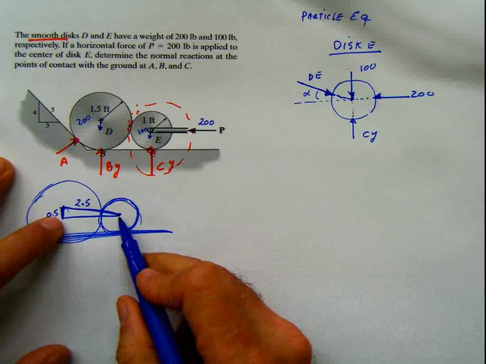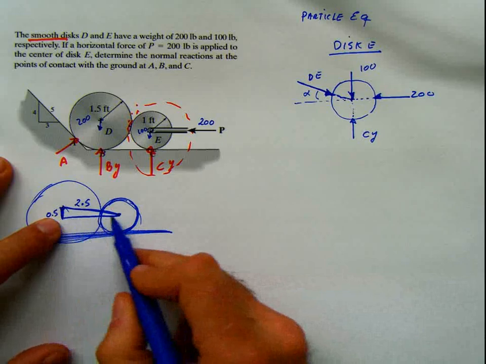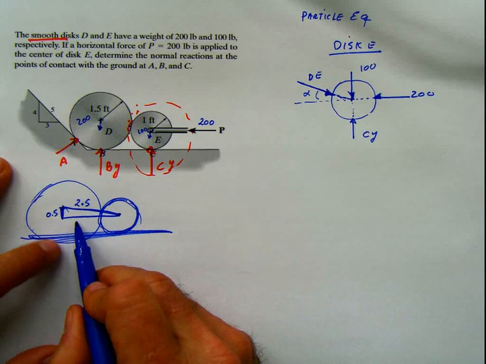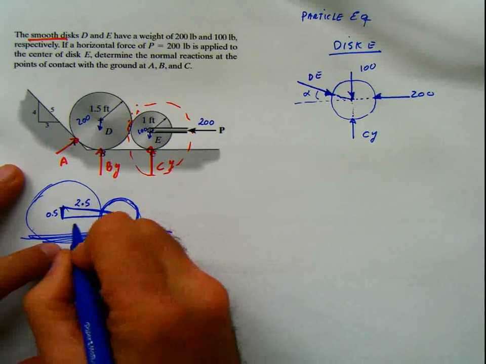Do you know the horizontal here? Well, yes, of course you know it because this is a right triangle. And then you can say that this horizontal is the square root of this square plus this square, which is 2.45.